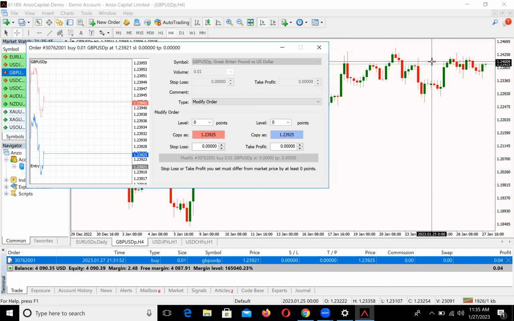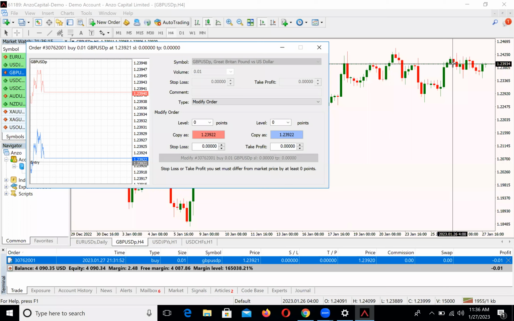If you look at your current price, your entry price was here, let's say 1.23934. I told you to use a stop loss of 20 pips. This means you will minus 20 pips, but the price is showing you in points.